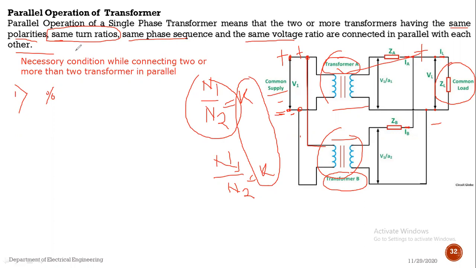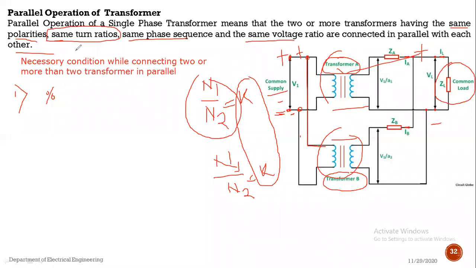Okay, so this is the necessary and sufficient condition. These are the necessary and sufficient conditions when two transformers are connected in parallel. So all of you getting these necessary conditions?